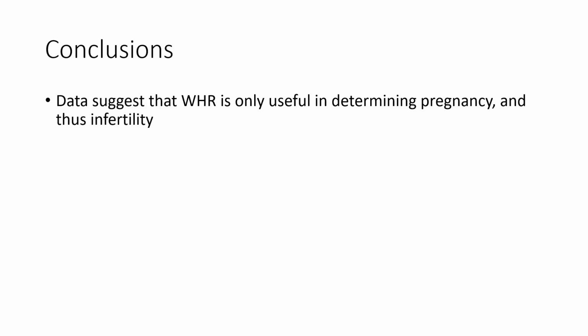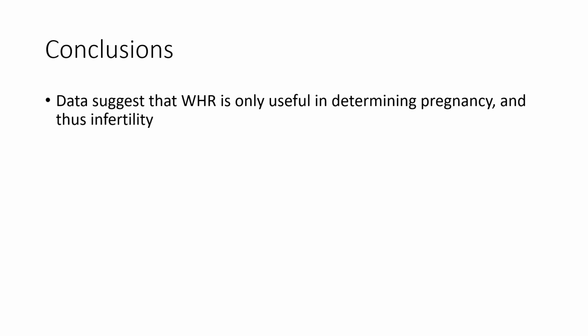So what can we conclude from this particular study? What their data suggest is that waist to hip ratio really is only useful in determining whether or not someone is pregnant currently. Now, if someone is pregnant currently, in the immediacy, they're technically infertile. So perhaps in terms of sexual selection, it might be advantageous for you to select a different mate in the immediacy.